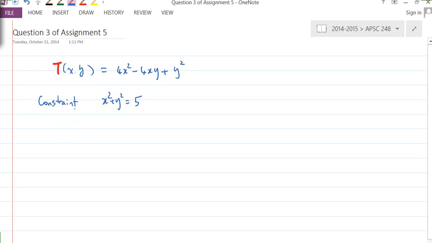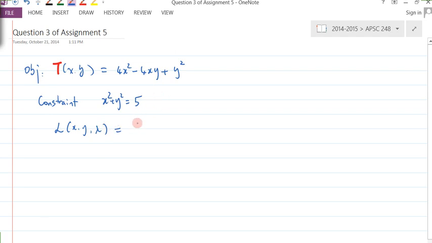So here's the objective function, and here's the constraint. As we learned, we can form a Lagrangian, or Lagrange function, L of x, y, lambda.